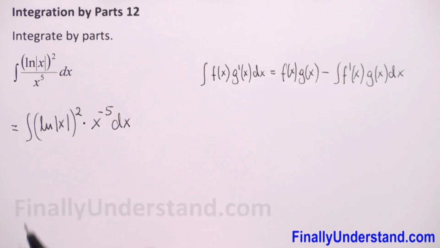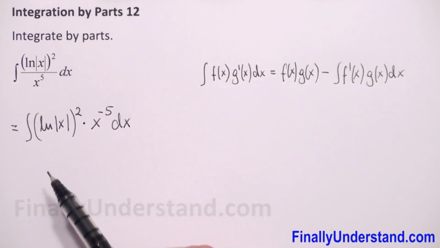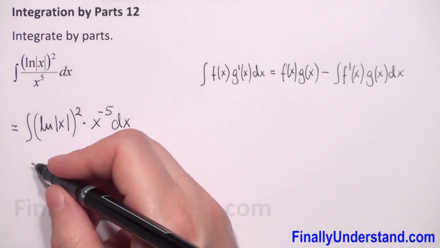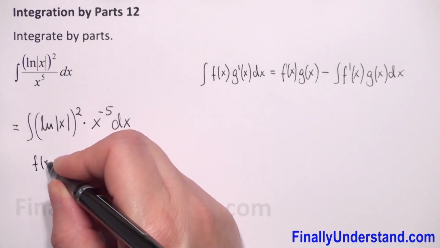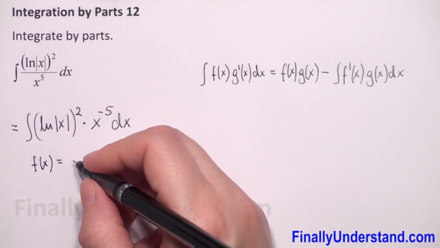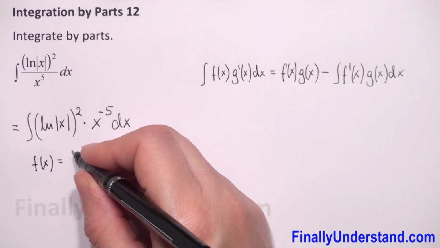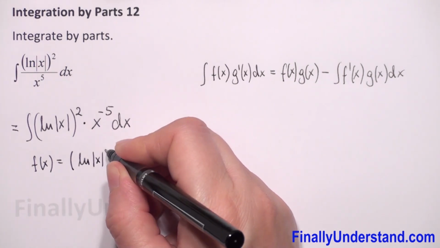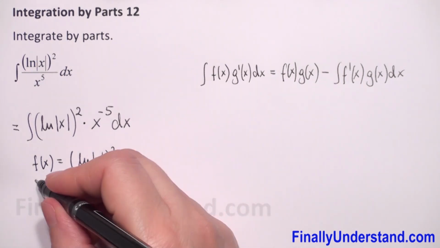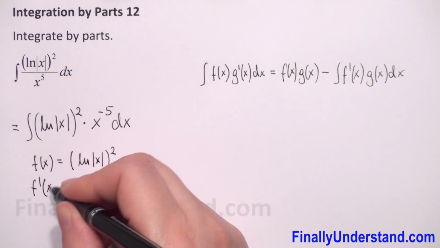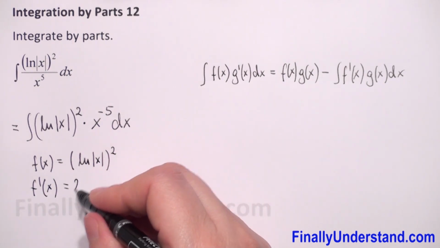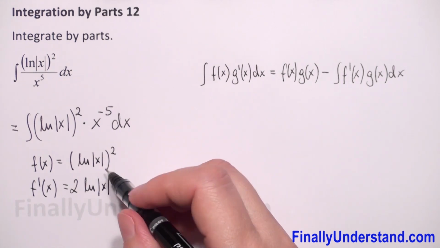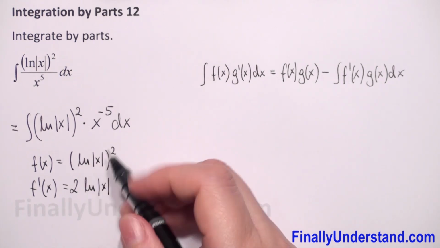Now we have multiplication, and to reduce this natural logarithm I will put that f of x is equal to the square of natural logarithm of absolute value of x. So f prime of x will be 2 times natural logarithm of absolute value of x and the derivative of the function which is inside.